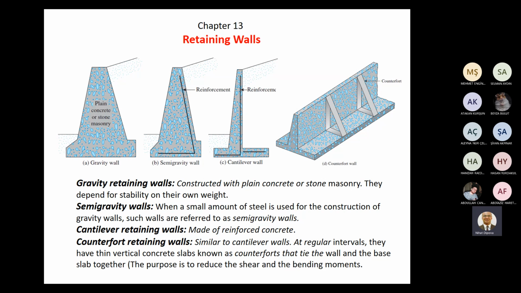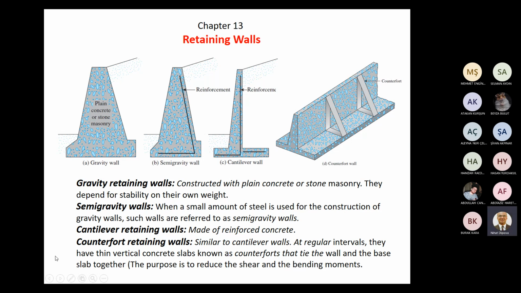Semi-gravity walls: when a small amount of steel is used for the construction of gravity walls, such walls are referred to as semi-gravity walls, because here very limited reinforcements are used. Cantilever retaining walls are made of reinforced concrete. As a result, the cross-section is smaller than gravity walls.